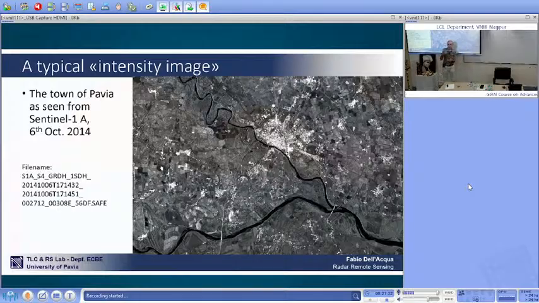They bounce back very little energy for the reason that we'll see shortly. So you will see them very dark, very low incoming power. Cities tend to respond strongly because of this double bounce phenomenon.